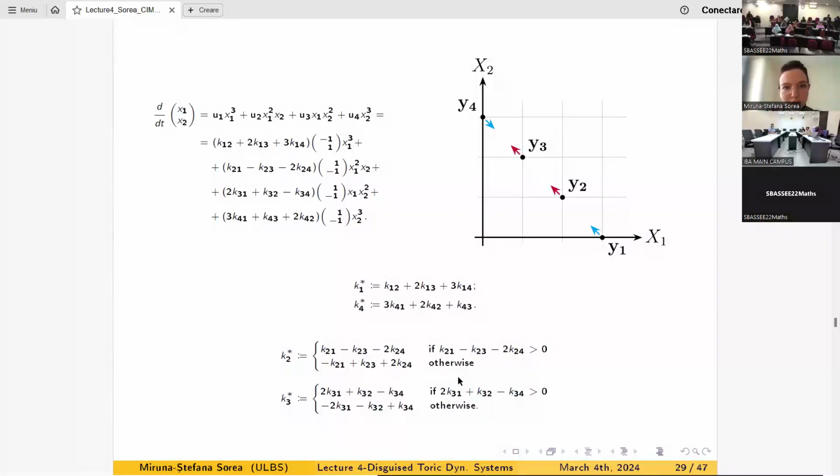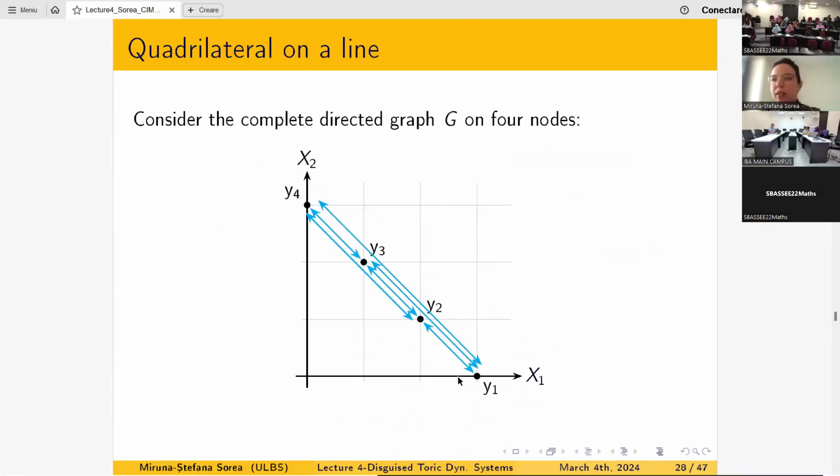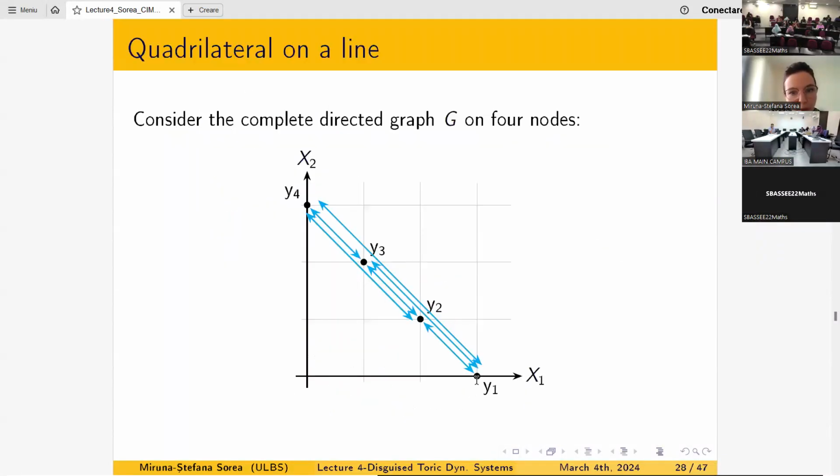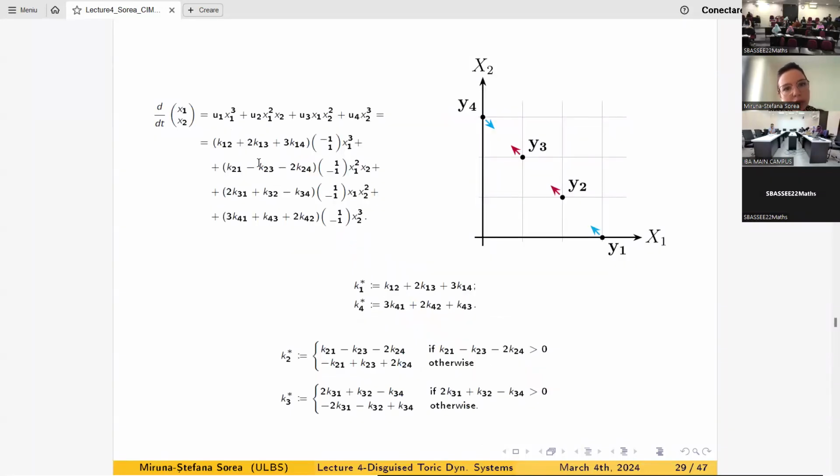So in this case, what we did to find the disguised toric locus. We started with this complete graph on 4 vertices. But then we said, let us try to create, again, like in the triangle case, one reaction per source. So again, we added all the reactions having y1 as a source, so y1 to y2, y1 to y3, and y1 to y4, we gathered them all.